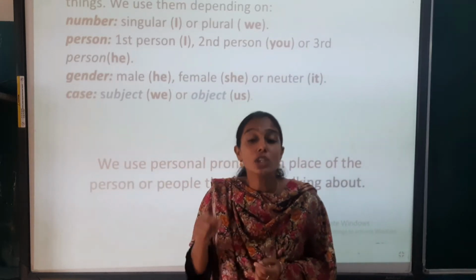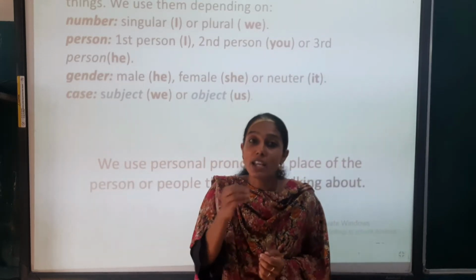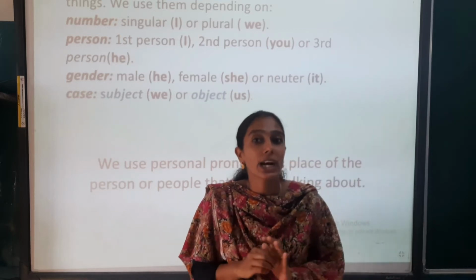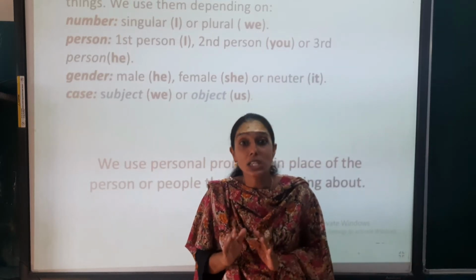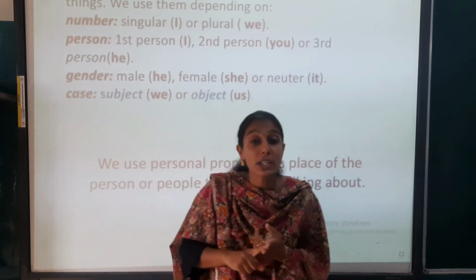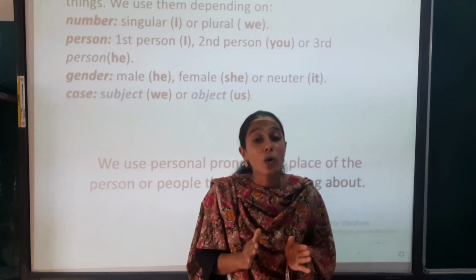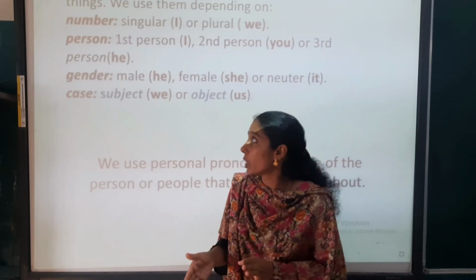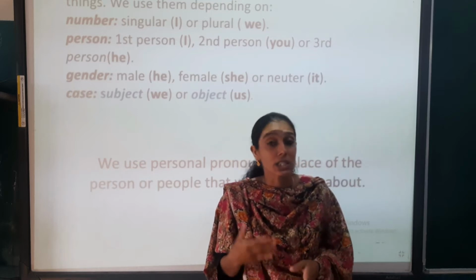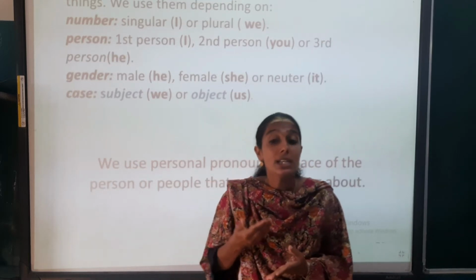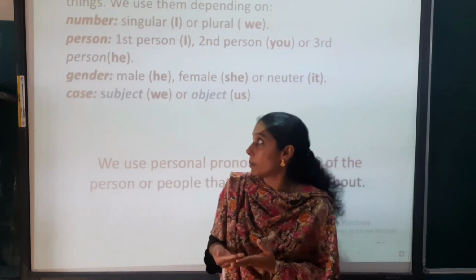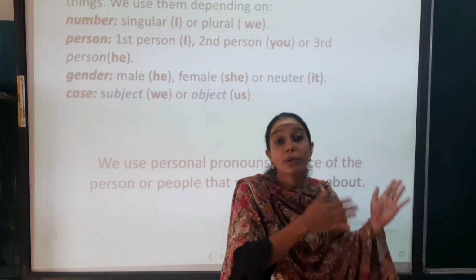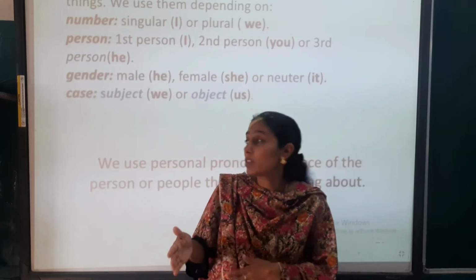So when we use a personal pronoun, you cannot just pick any pronoun and put it in. You have to see which number it is, whether that noun is singular or plural, what person it is, whether first person, second person or third person, and whether it is feminine or masculine gender.